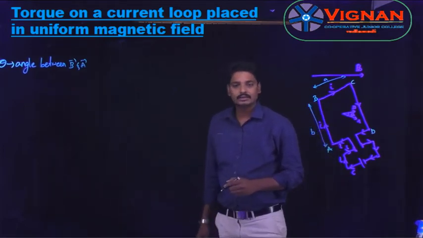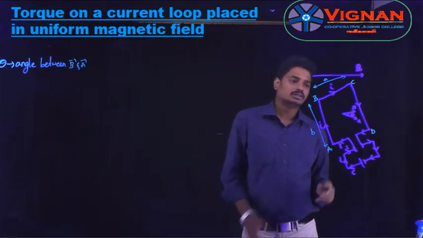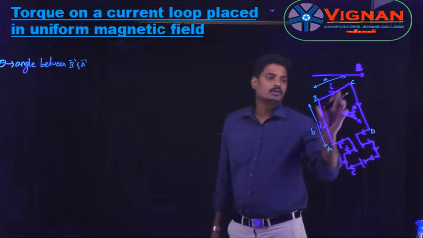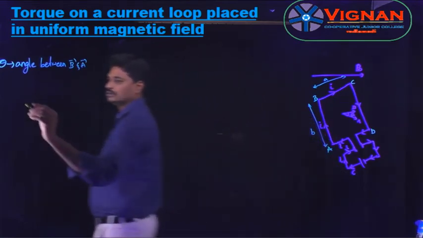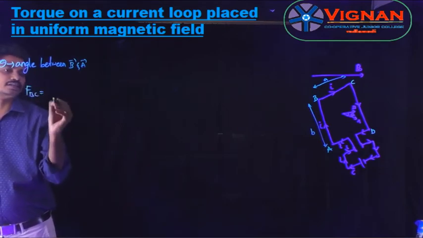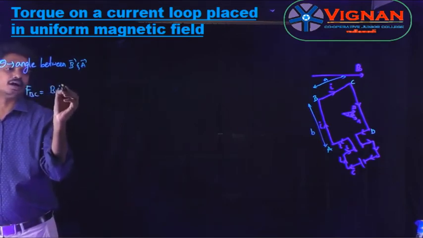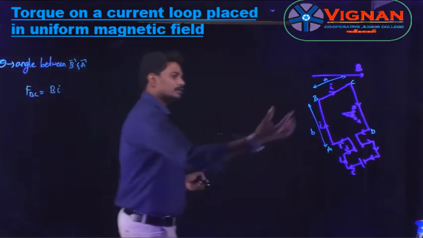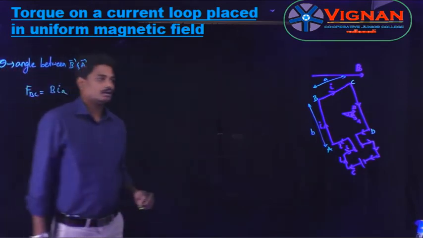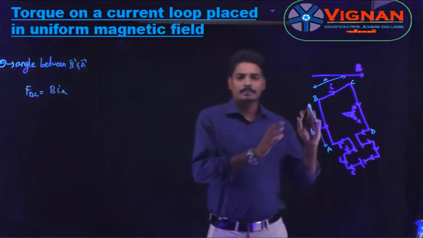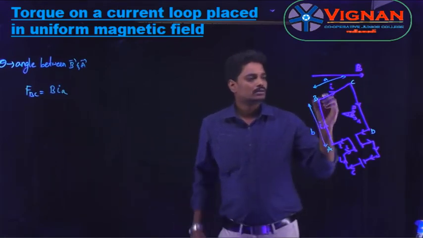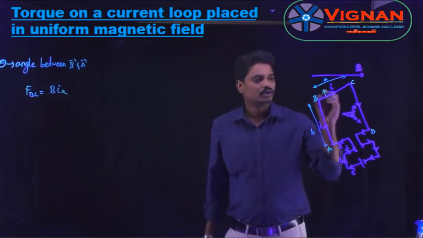Now once again let us calculate the forces on these four conductors of the rectangular loop. Here the force acting on BC is nothing but BI, where the length is A. The direction of the force can be given by Fleming's left hand rule, which I explained before in this session.